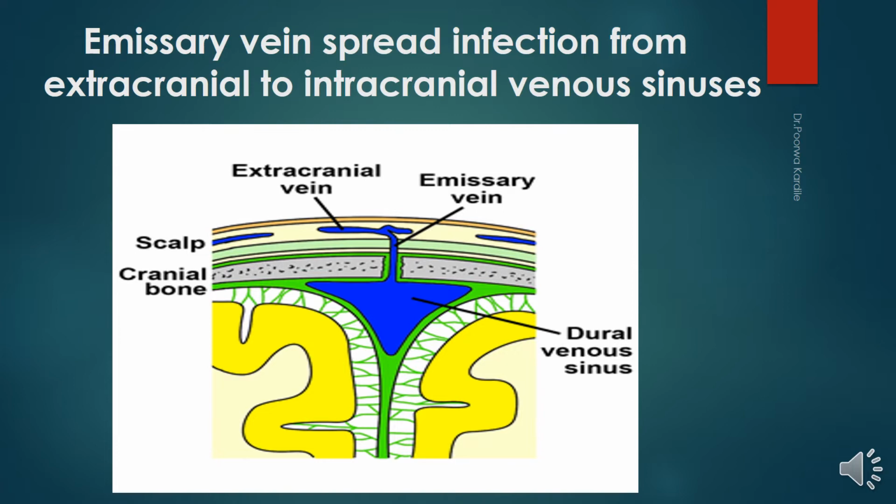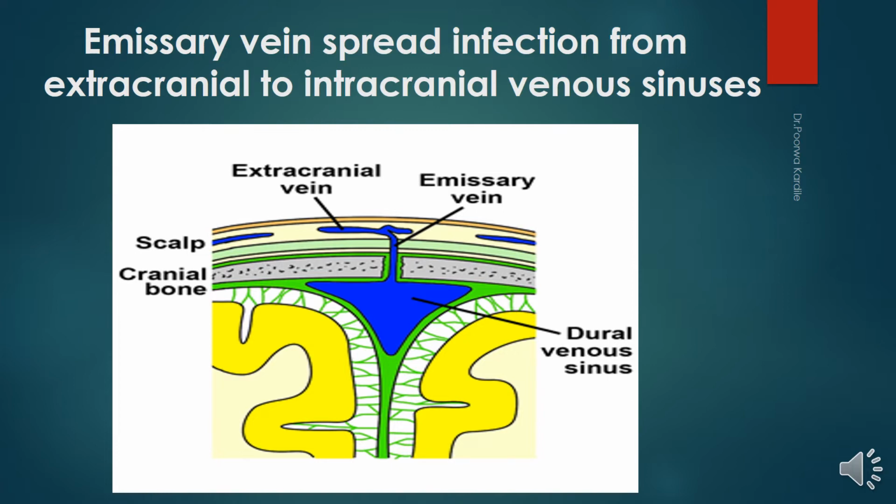So the sites where the emissary veins connect the intracranial venous sinuses with extracranial veins are of clinical significance, and they are: first site is emissary vein of foramen cecum. It connects vein of frontal sinus and root of nose to superior sagittal sinus.